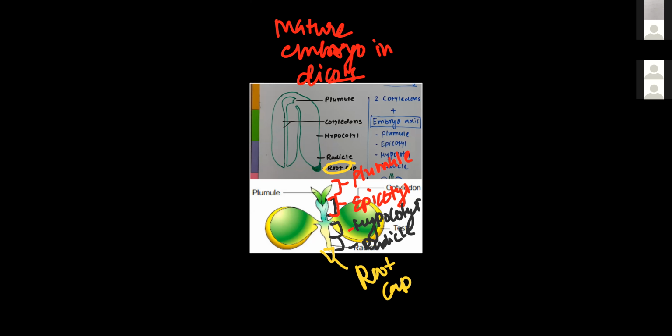An embryo axis with two cotyledons. Inside the embryo axis, at the point of attachment of the cotyledons, the portion of the embryo axis just above it is called epicotyle, and it is going to terminate into the stem tip, which is termed as plumule.